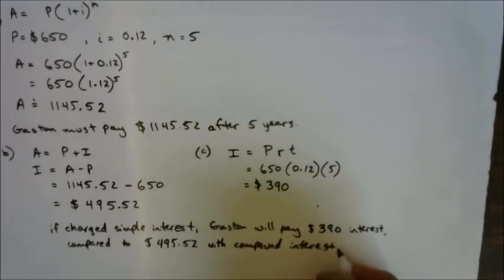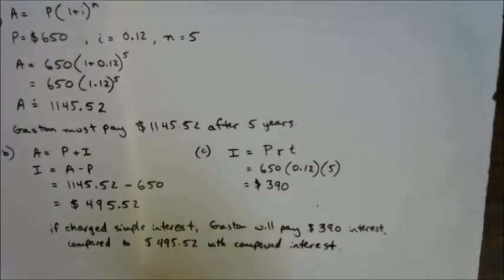So you can see that if you are borrowing, simple interest is better for you. If you're investing, compound interest is better for you. Okay? That's example 1.